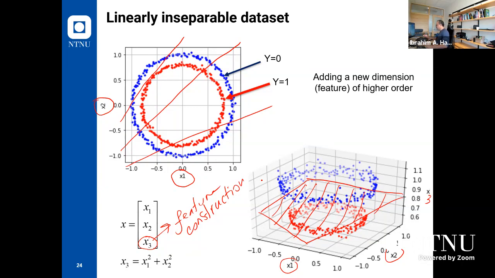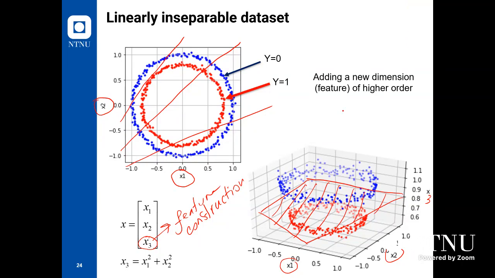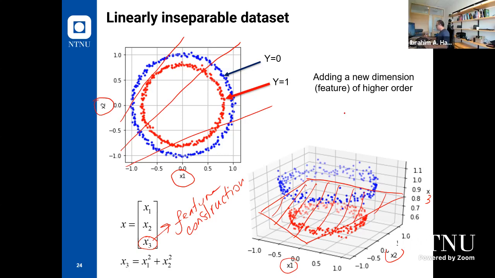When you have a data set like this one, we cannot use a perceptron here, right? We cannot use a logistic regression, because imagine I have a logistic regression with two inputs, x1 and x2, and we need a decision which is 1 or 0, for example. 1 for red and 0 for blue.